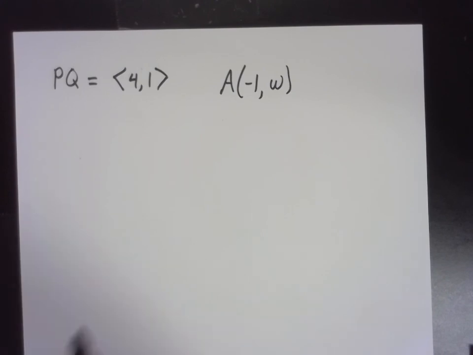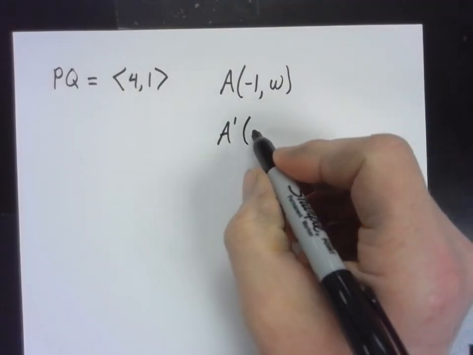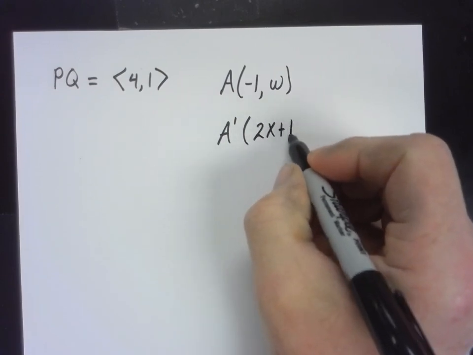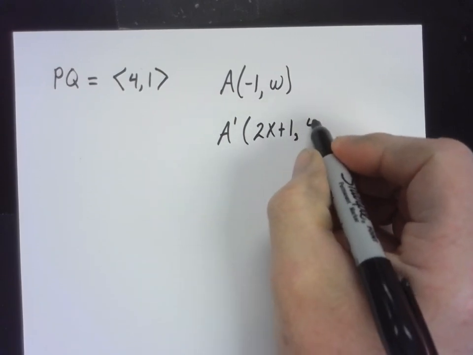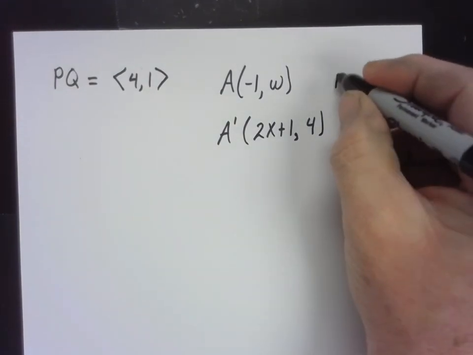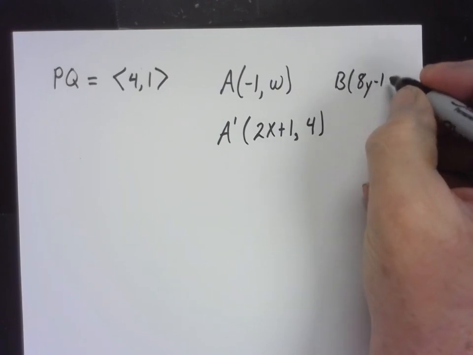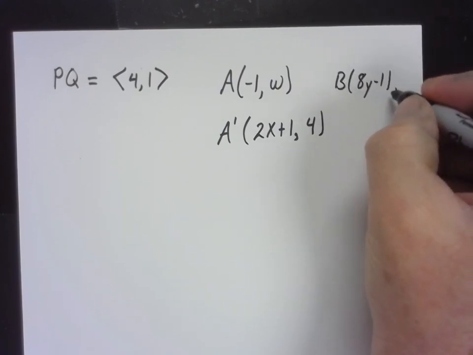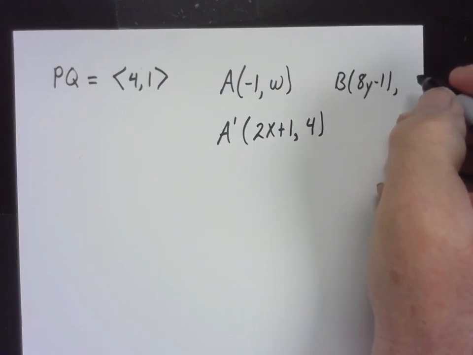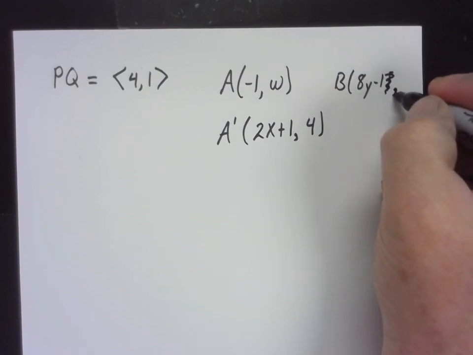Onto A prime, which is 2x plus 1, comma 4. And point B, which is 8y subtract 1, comma 1.